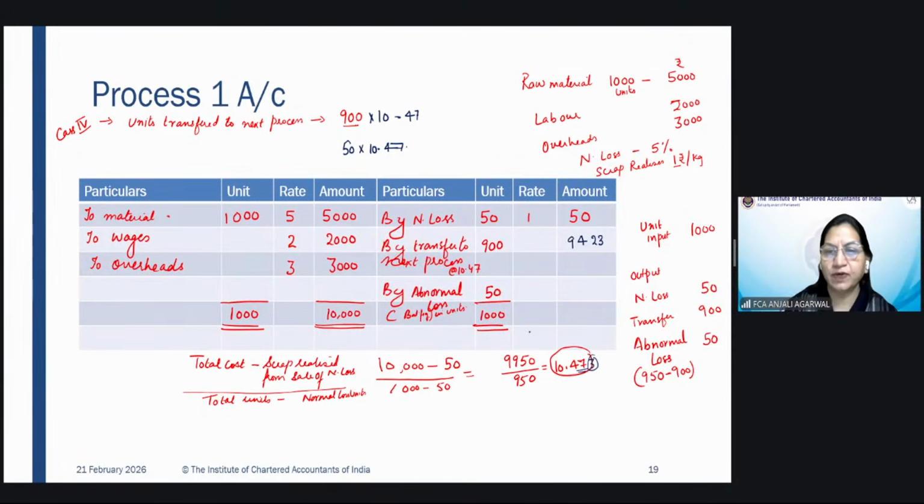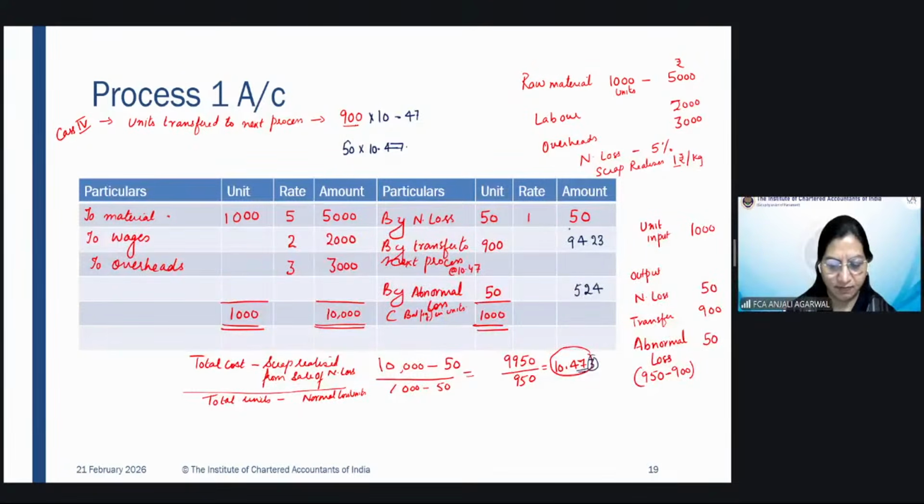So it is 523.5. Therefore, even if I take it as 524, it will not match. You can see 50 plus 9423 plus 524. It will not be 10,000. It will be slightly different.